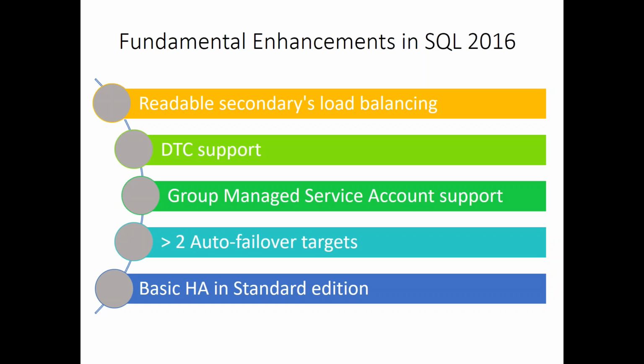Right. The third thing we obviously changed was group managed service account support for SQL Server Always On, or SQL Server 2016 Always On availability groups. And then another key thing which we changed was allowing more than 2 auto failover targets. So now you can have up to 3 auto failover targets.